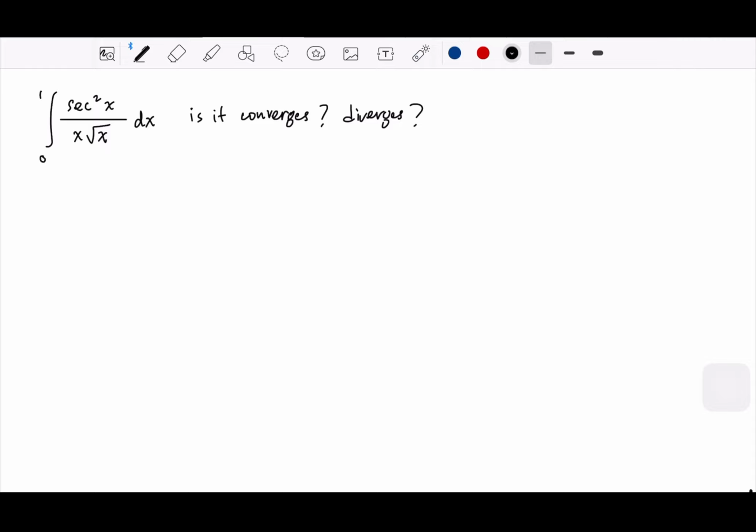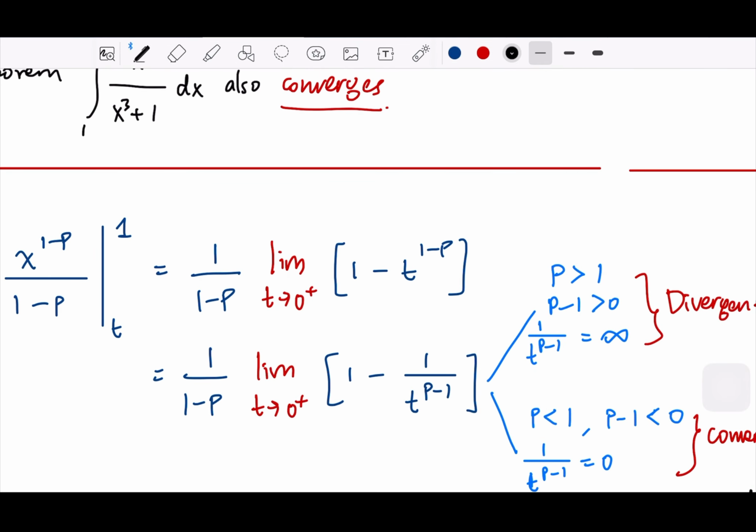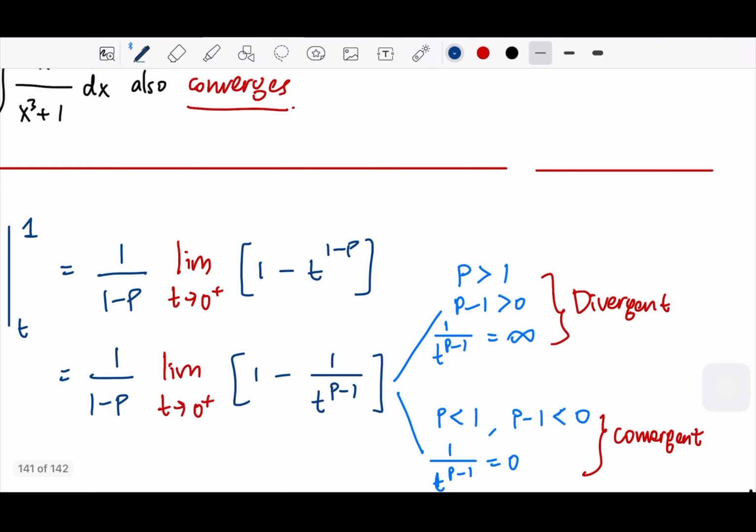Oh, by the way, when p equal 1, for sure it should be diverged. So you can write this also when p equal 1. I forgot to write here.